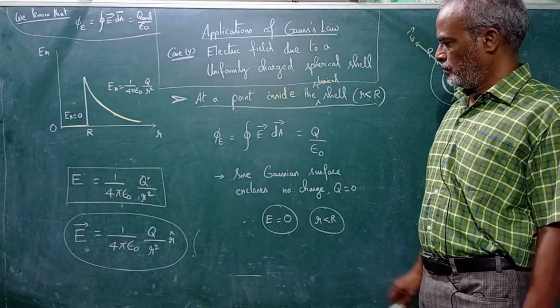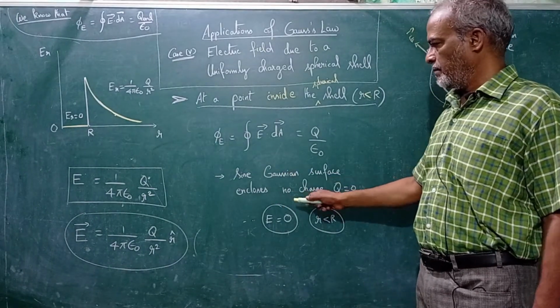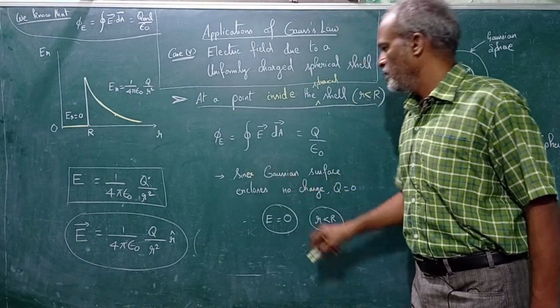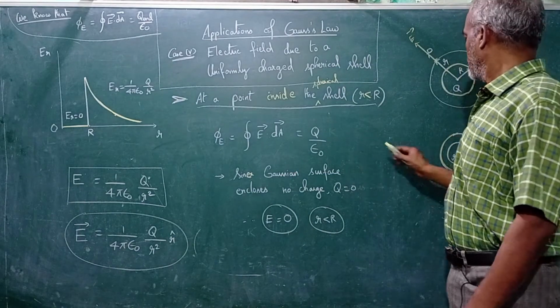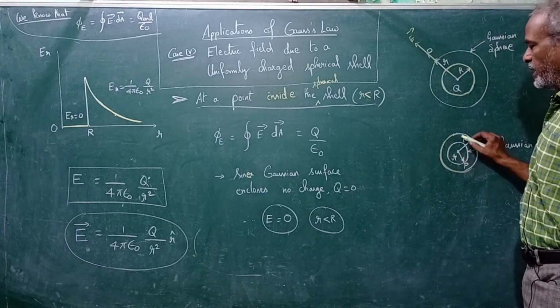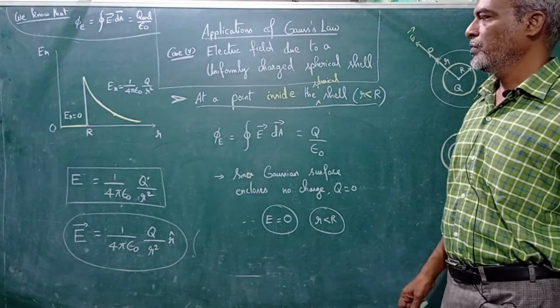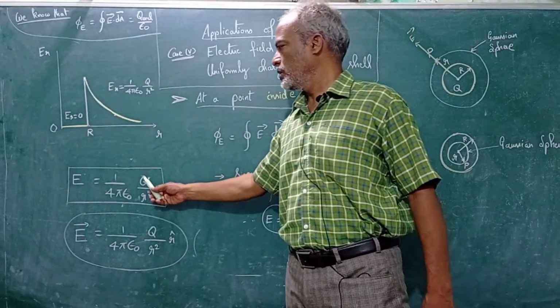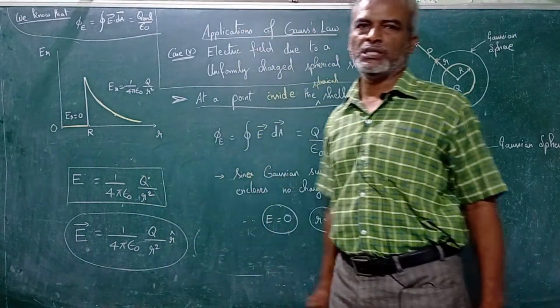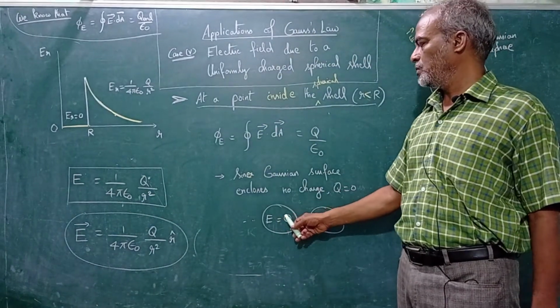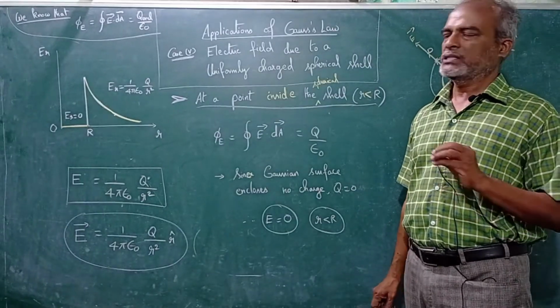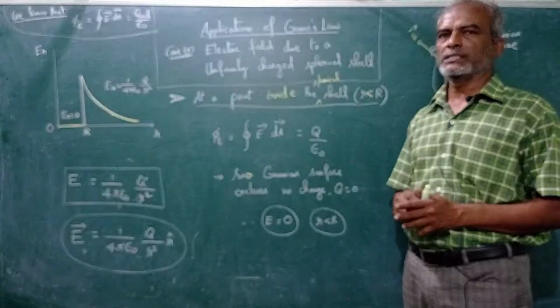But now, since the Gaussian surface does not enclose any charge, the Q value is equal to 0. If Q is 0, then the overall electric field is 0. So electric field equals 0. What is the conclusion of the third case?